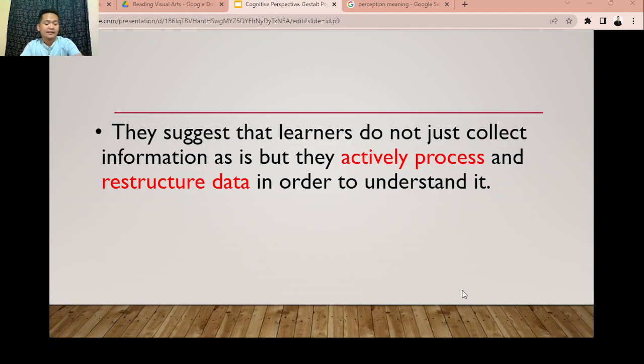I even met an educator, I was with him in a seminar before, way back 2017, if I'm not mistaken. We were in a university somewhere in Laguna, and I was taking down notes. Of course, we have the guest speaker.